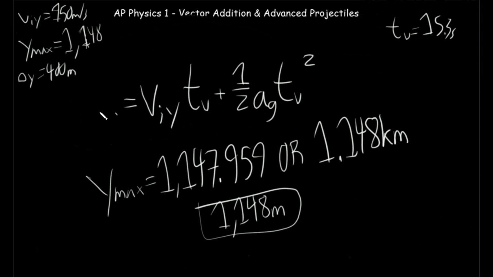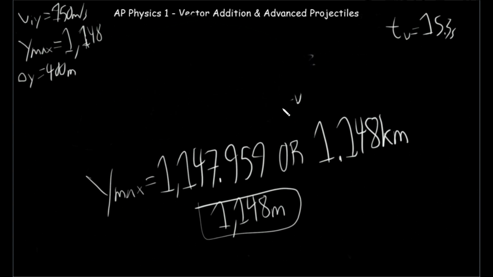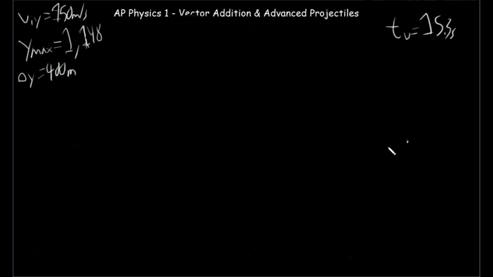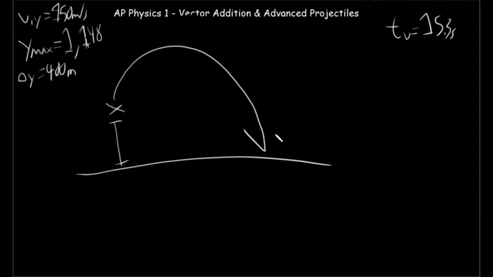All right, now this is when we need our displacement to kick in. So let me explain why we need our displacement all of a sudden. So you have this situation. Start over here, 400 meters above the ground. And we've solved up to here at the y max. This is the y max. Now notice that the time up is going to be less than the time down. And the reason why is because of the length of the time up here, see this length?